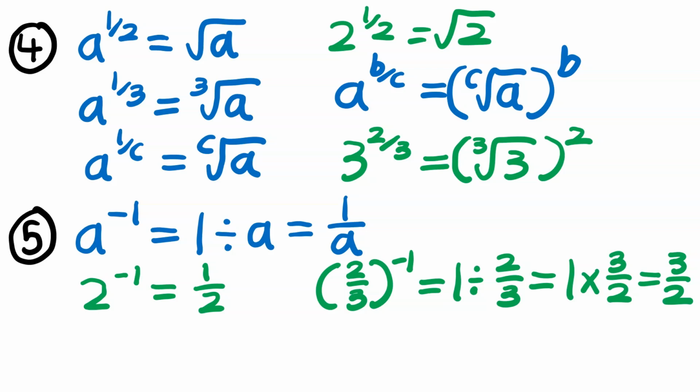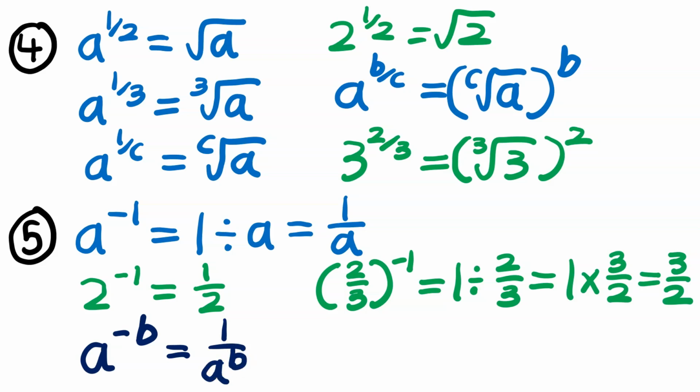Let's say it's not to the power of minus 1. Let's say that we have a to the power of minus b instead, okay? This is going to be equal to, so we still have the minus here, so this is going to be 1 over a, and then this a is going to be to the power of b.